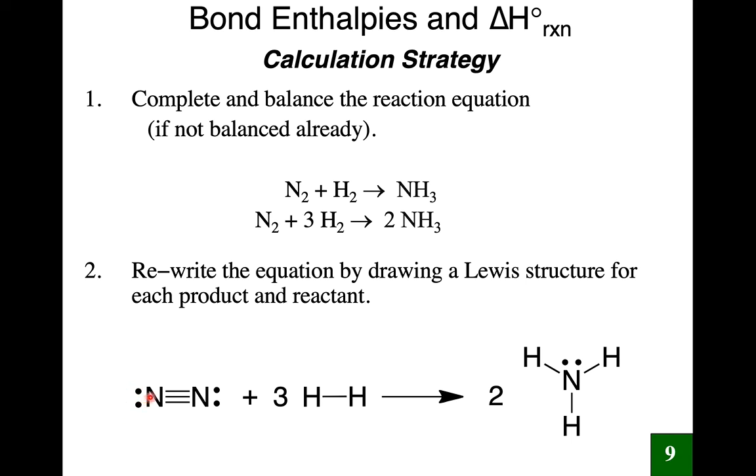So Lewis structure, Lewis structure, Lewis structure. The reason this is critical is we're going to need to know the type of each bond. When you're given a table of values, you're going to need to know whether this is an N triple bond N, an N double bond N, or N single bond N, for example.